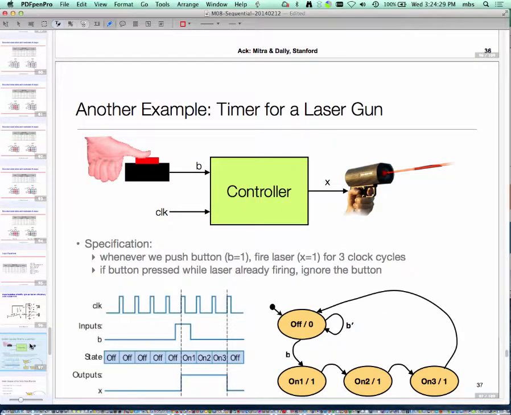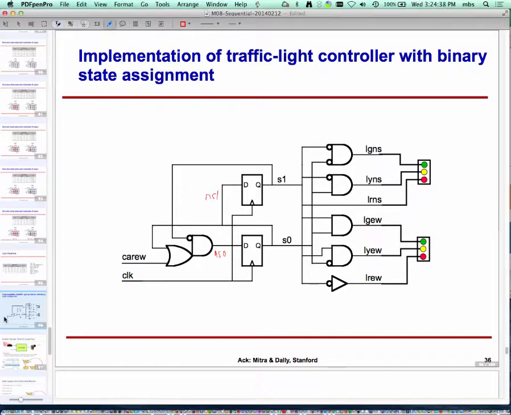I just counted the gates, okay? So again, here I have 2 flip-flops plus 6 2-input gates plus 1 inverter.